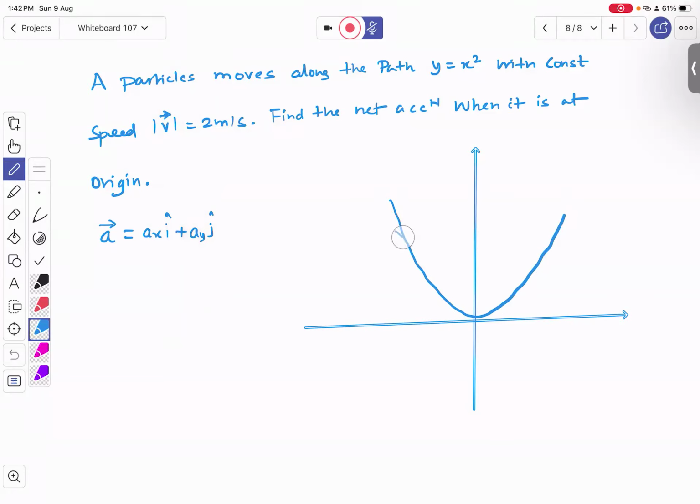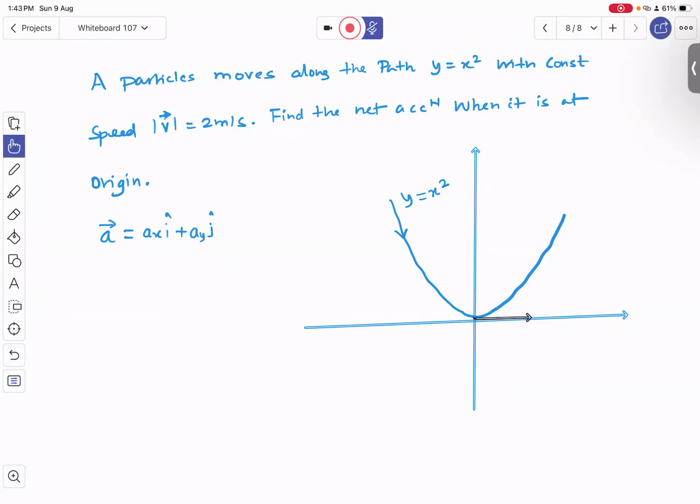Suppose it is moving along this curved path y equals x square in this manner. Whenever it is at origin, its motion will be along the tangent to the parabola, and that will be along the x-axis, correct? So its entire velocity lies along the x direction.